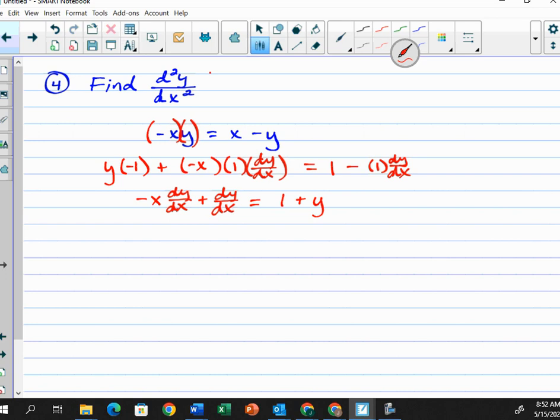So, negative x times dy over dx. Now you get negative 1 plus the dy over dx, and then you factor it out. What's left in parentheses? Negative x plus 1. Okay. So dy over dx, and there's negative x plus 1.